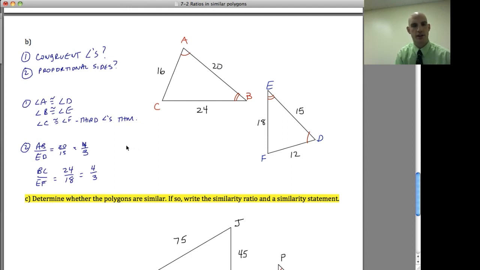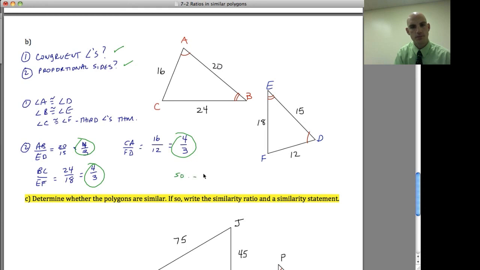And our third set that we're going to test is CA over, let's see, FD. Okay, so that's going to give us 16 over 12, which is going to be 4 over 3. So if we look at this objectively, we have proportional sides and we also have congruent angles.